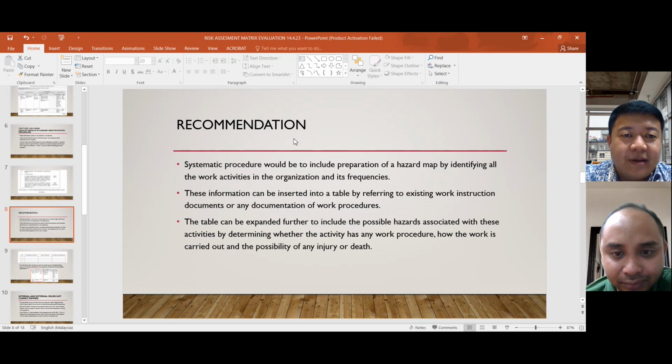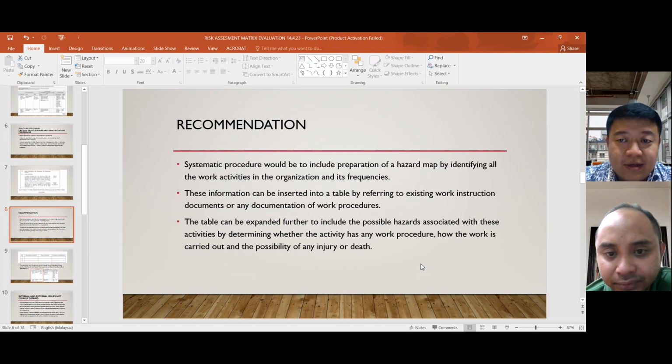So this is the recommendation. This one means to include the preparation of a hazard map. Does it mean to come up with a process flow or flow chart? Yes, you can use a flowchart if it helps you to map out the hazards.